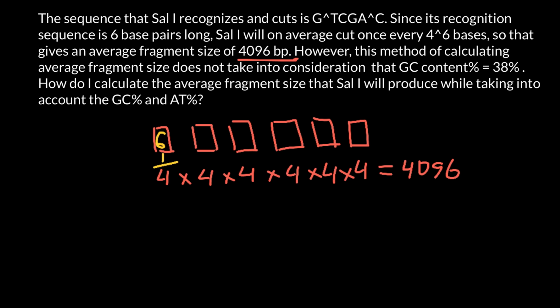The probability that in second place we will find thymine would be 1/4, then cytosine would be 1/4, guanine also 1/4, adenine 1/4, and cytosine 1/4.